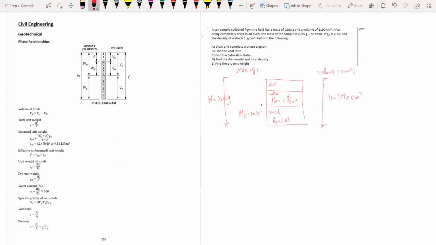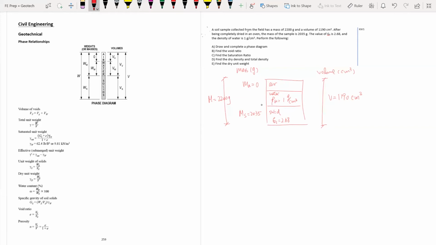Before we go into those parameters being asked, it's always nice to fill up the phase diagram. Next, we'll look at what we have. Remember, the mass of air we can automatically say equals 0 for engineering purposes. And very obviously, the rest of the unknowns here are the mass of the water, the volumes, including air, volume of water, and volume of solid.